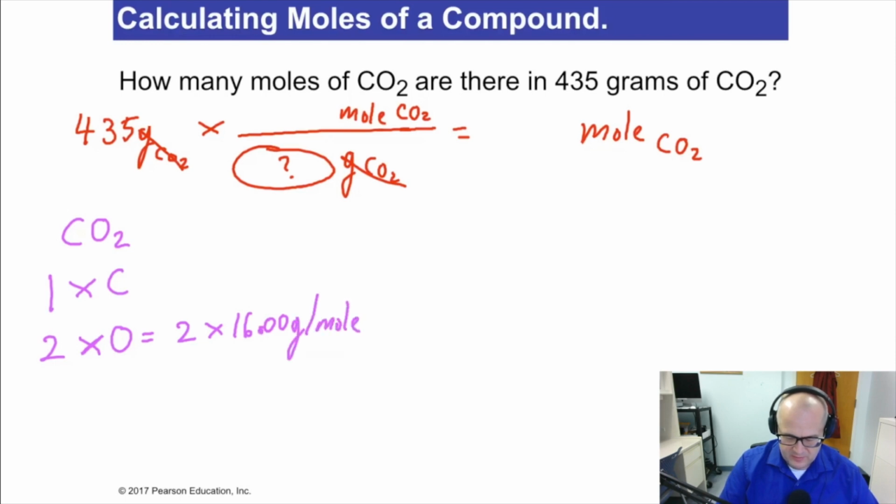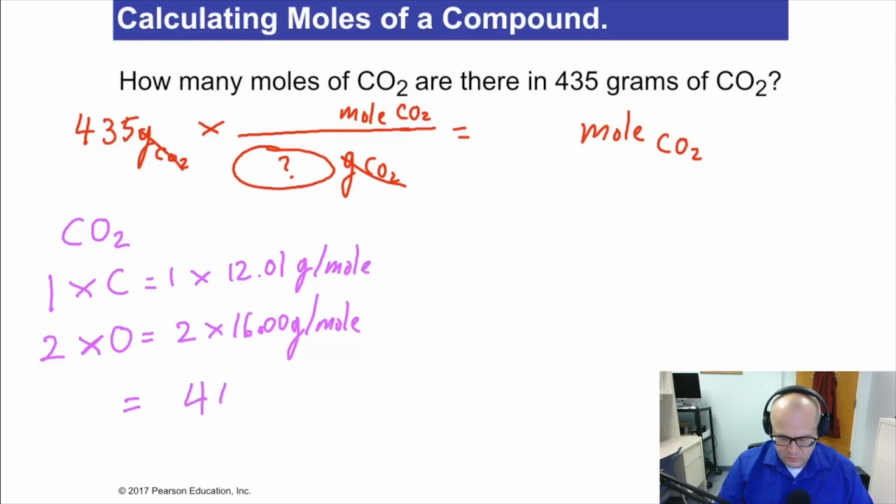I looked it up in the periodic table. 1 times 12.01 grams per mole. Again, I looked it up on the periodic table. Then I calculate it. 32 plus 12.01 equals 44.01 grams per mole.